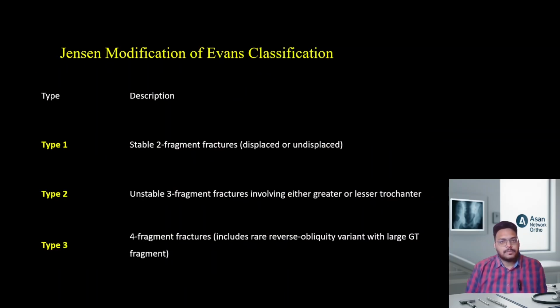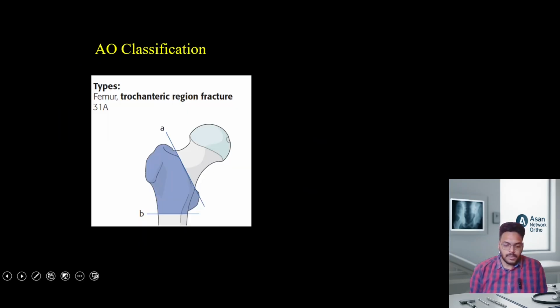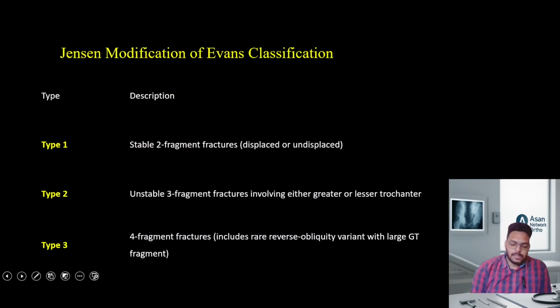Okay. Then coming to Jensen's modification of Evans classification. What did he modify in Evans? In Evans he just made 3 types. Type 1 is the stable two fragment fracture which may be displaced or undisplaced.